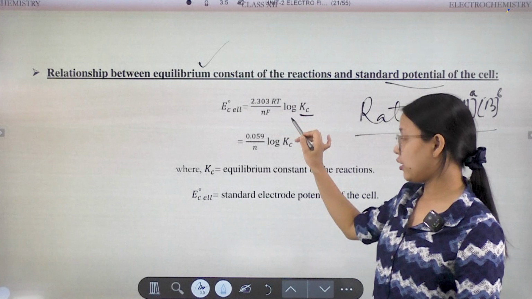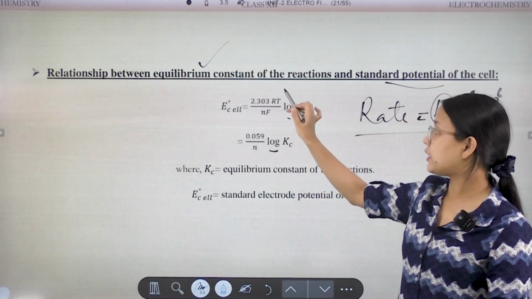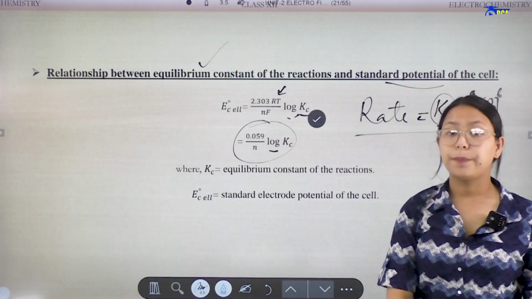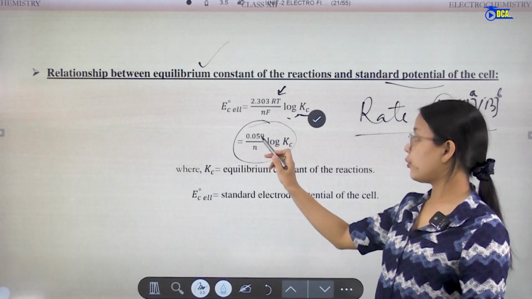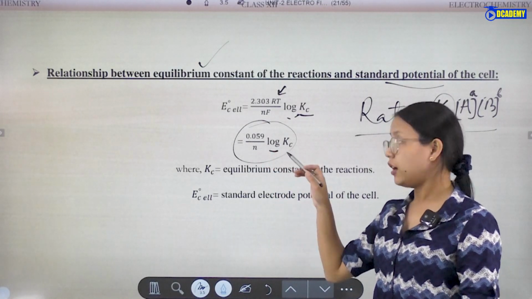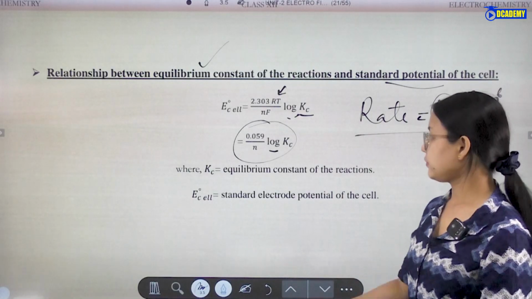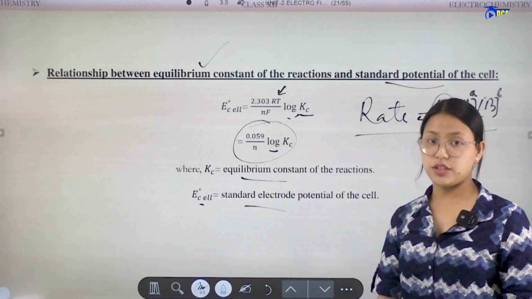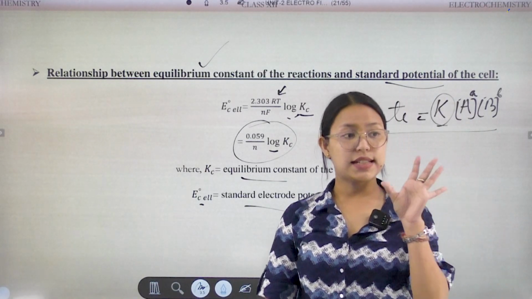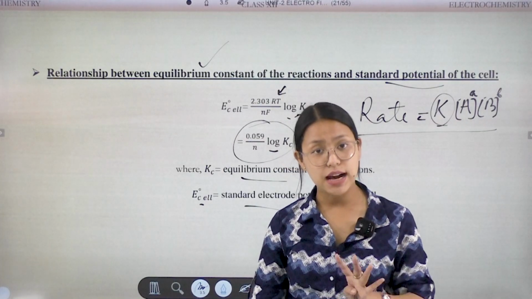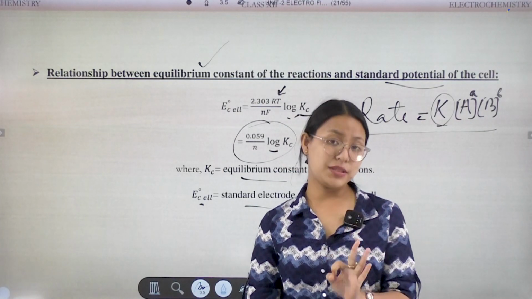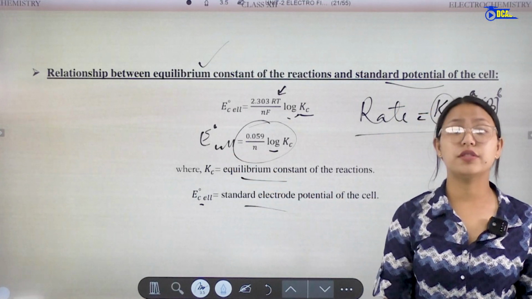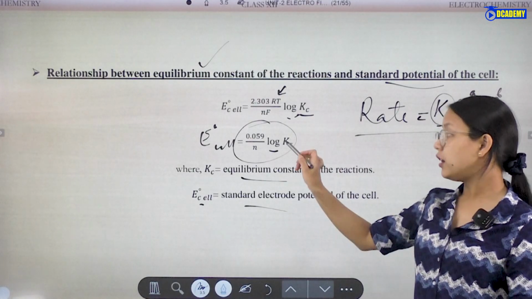It will be again equal to the log. With the values of R, T and F, for the standard condition it becomes E naught cell equal to 0.059 divided by N log of Kc.